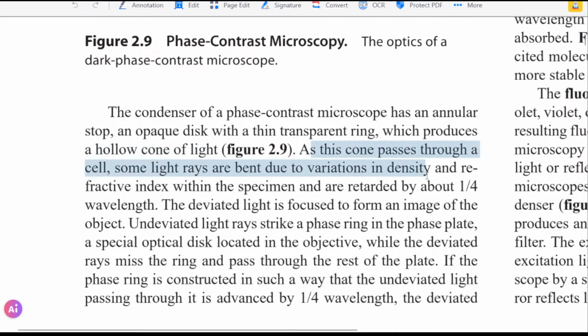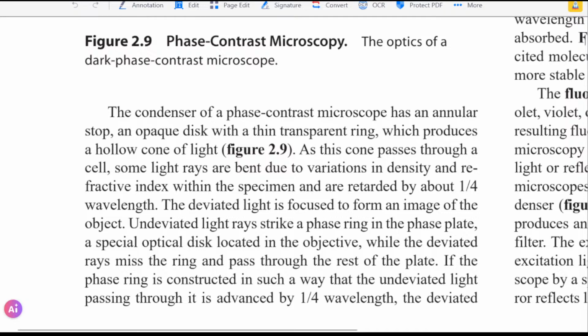And as this cone passes through the cell, some light rays are bent due to the variation in the density and refractive index within the specimen and are retarded by about 1/4 of the wavelength. Alright, so it's a natural process. When it passes through the specimen, of course, the density in the cell is different in one area or another, and the rays are retarded by about 1/4 wavelength.